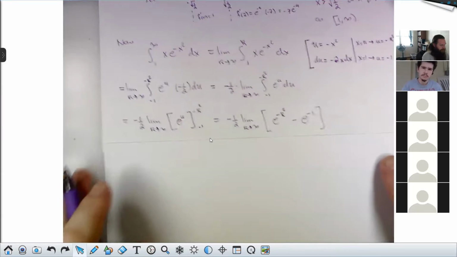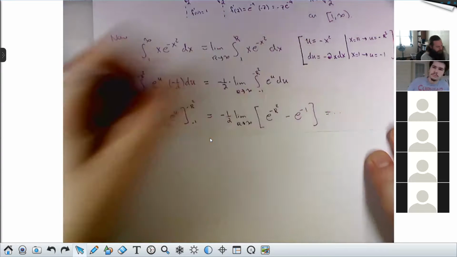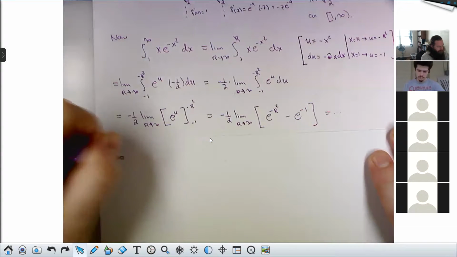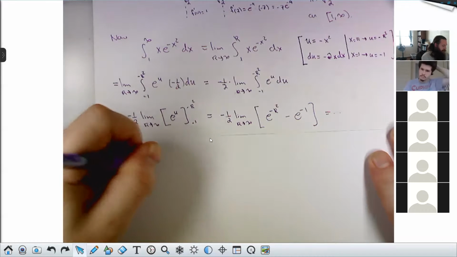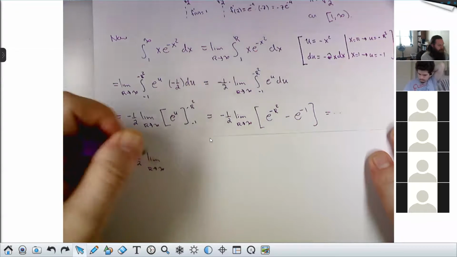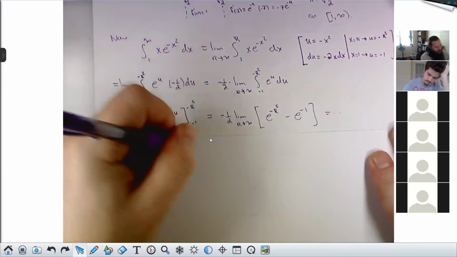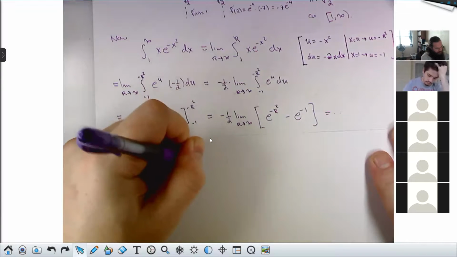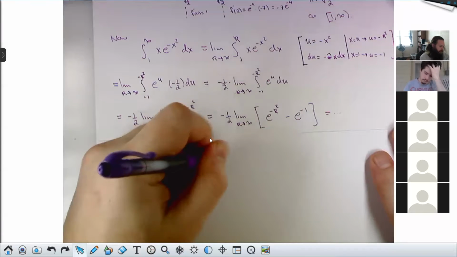So now I need to sort out this limit. Got -1/2 times the limit as r goes to infinity. Here's the way you do this. Rewrite this as 1 over e to the r² minus 1 over e.